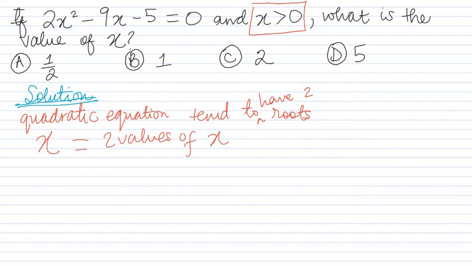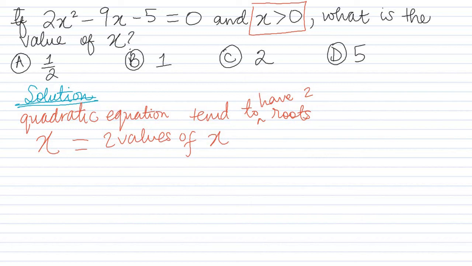So if for whatever reason one of the values of x is negative or 0, we're not going to pick that, because we want our value to be specifically greater than 0.